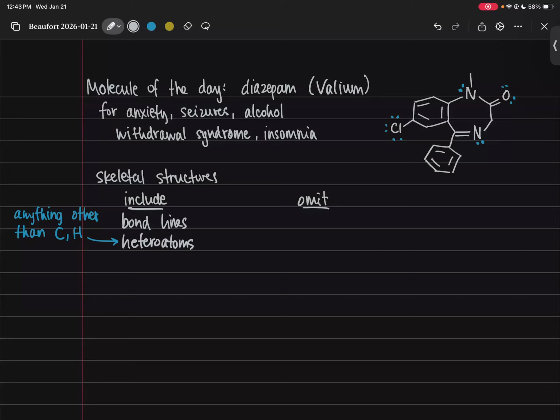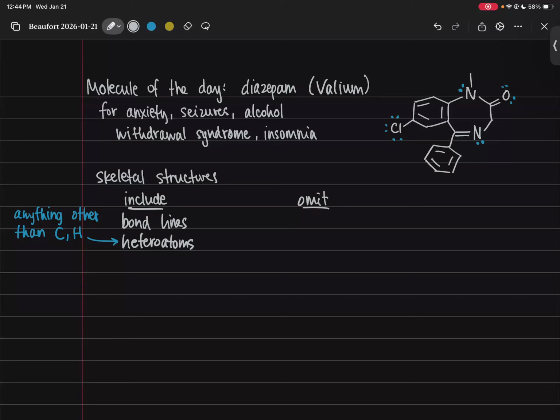I've never heard anybody call carbon and hydrogen homoatoms. Guess you could, but anything that's other than carbon or hydrogen is a heteroatom. So the heteroatoms in our structure there are chlorine, the nitrogens, and the oxygen. Everything else that's not drawn is either a carbon or a hydrogen.